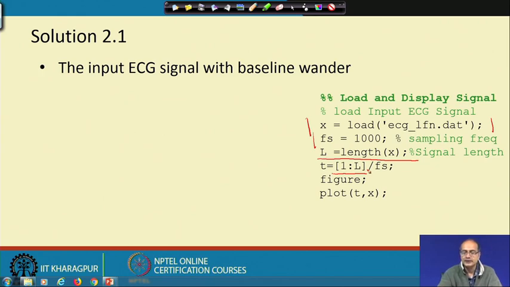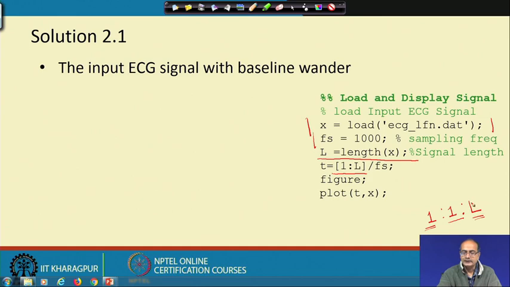We can create that using square brackets, and within that we give a colon, so here we have used 1:L. Actually, the full syntax is like this: this is the starting point, this is the end point, and this is the increment. As the default increment is 1, we need not give this.